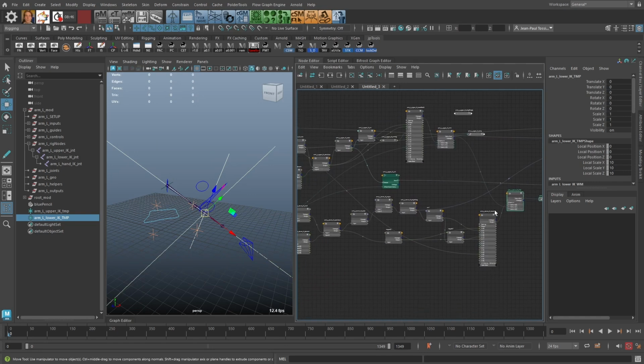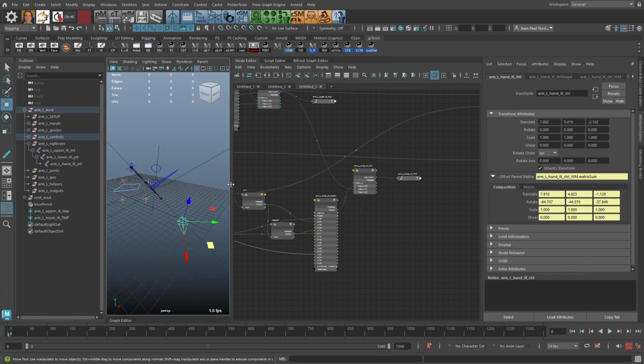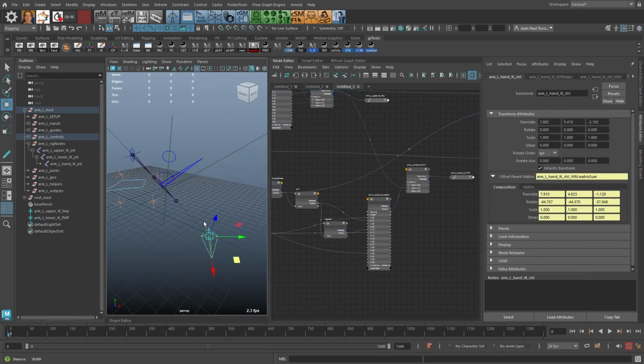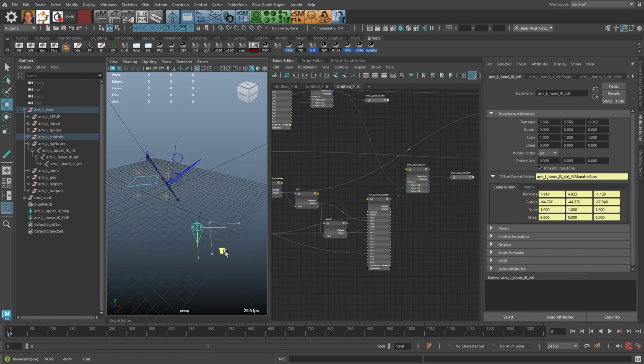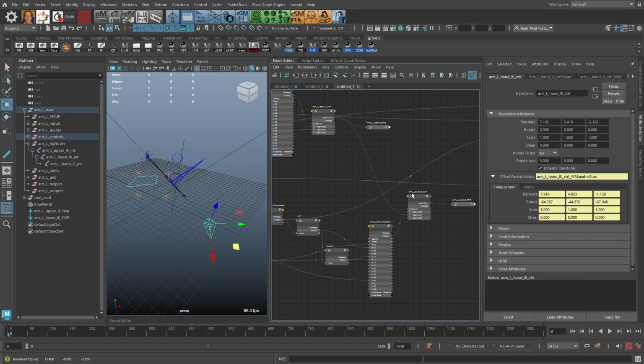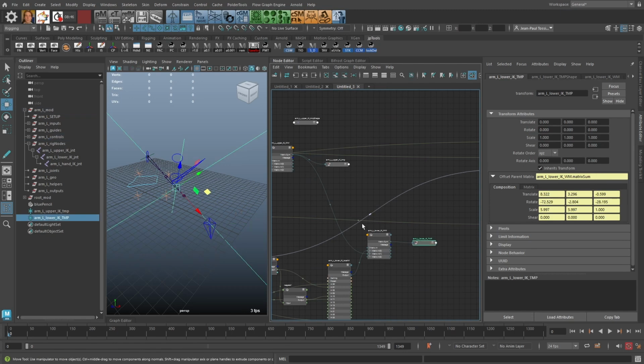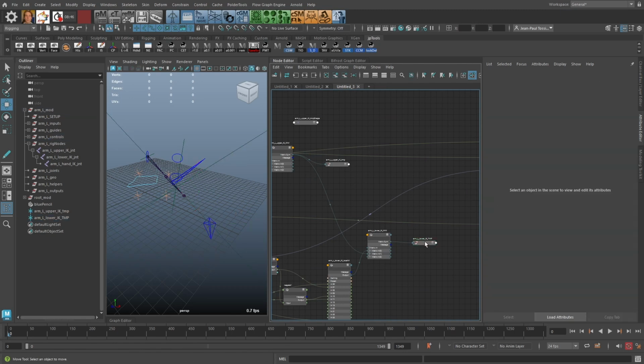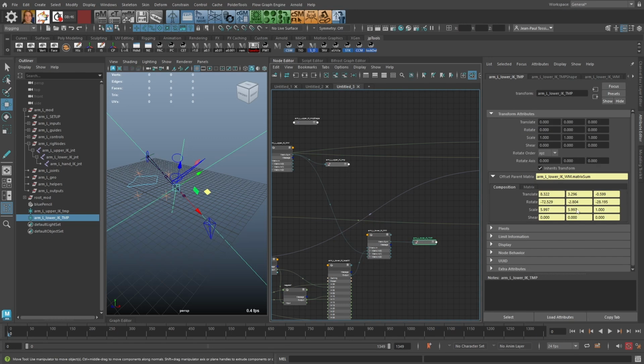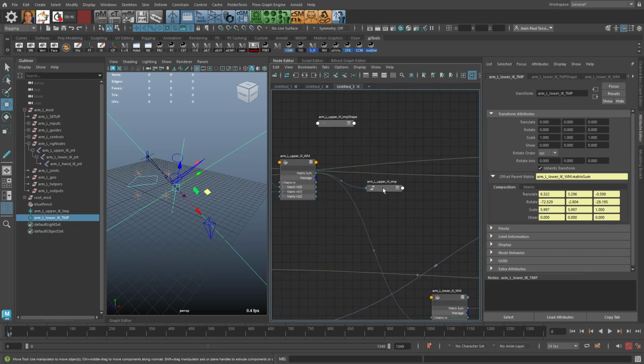It is still stretching. Yes, it's actually good that this happened because I made an error. You can see that if I stretch the arm, although the joints do not stretch, the locator, however, does stretch. And if you look at the matrix of this node, you can see that it has scale values as well. And the upper arm has scale values too.